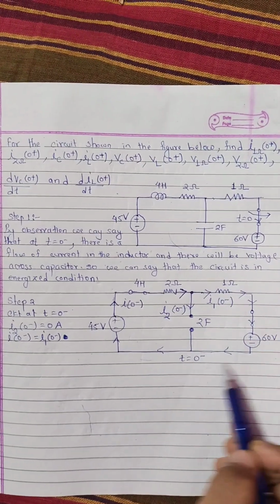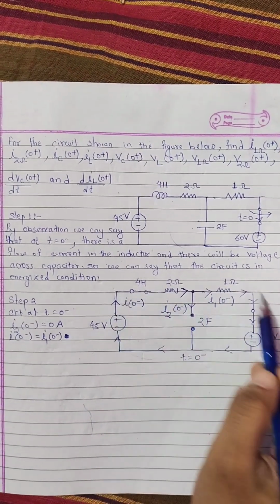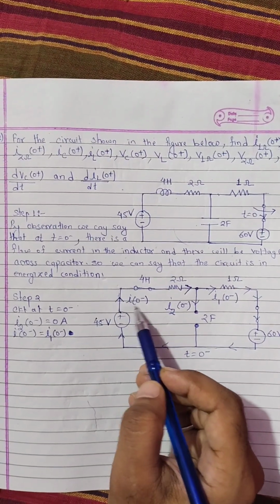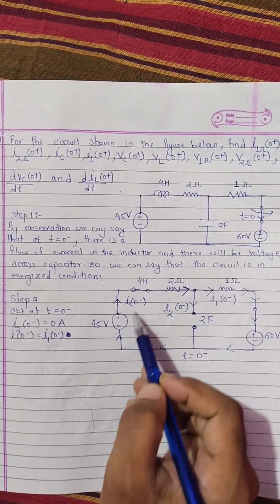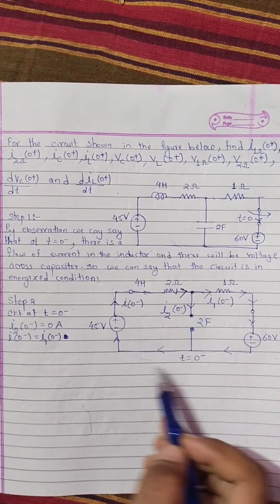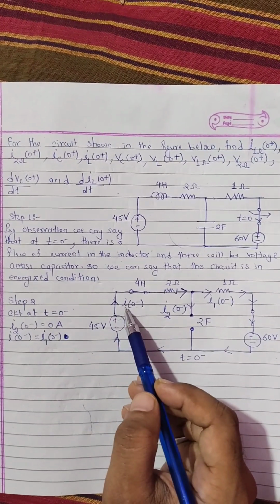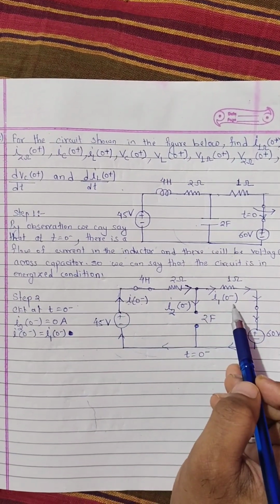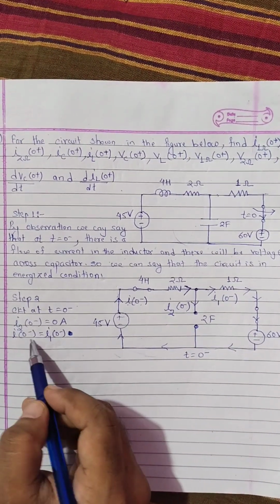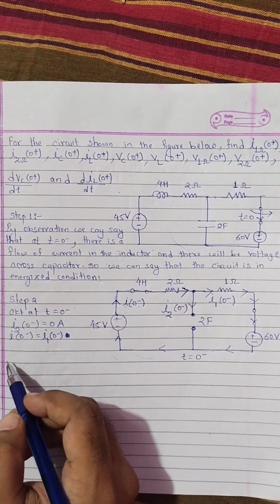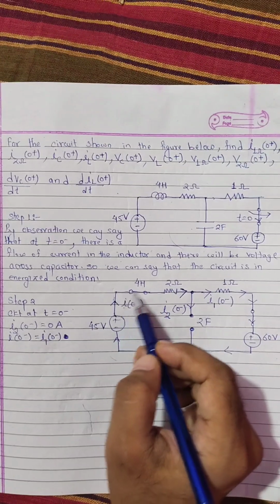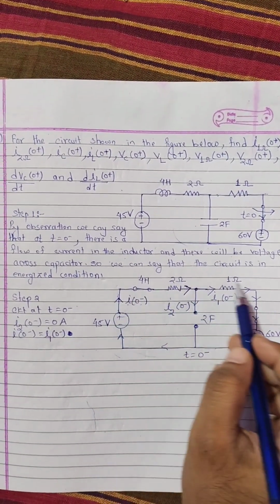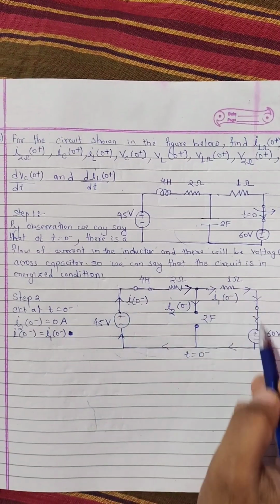In this closed path, by analyzing, we can say that I0 minus equals I10 minus. To calculate this branch current, we will use KVL in this closed path.